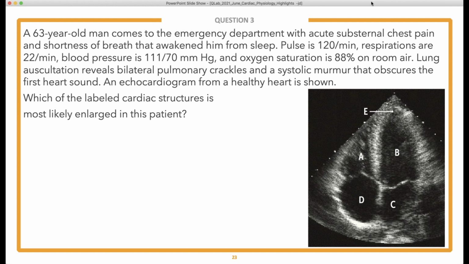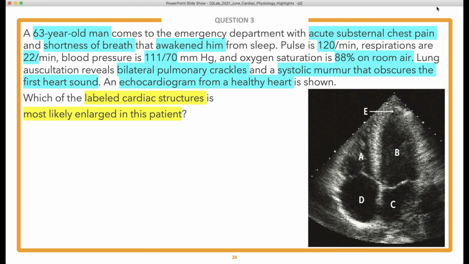Once again, please start thinking about the important clues in the vignette and lead-in as I hand it off to Paris. Thank you, Sean. So once again, we're going to show you what we think are the important clues in this vignette and the lead-in. So demographics, an elderly patient, a 63-year-old man. Why did he come to the ER?